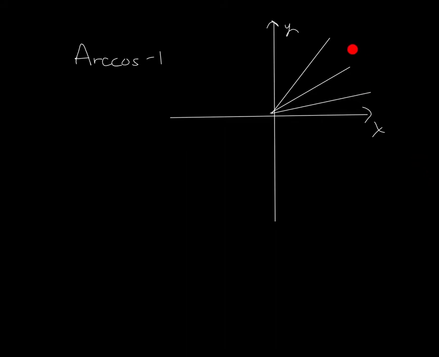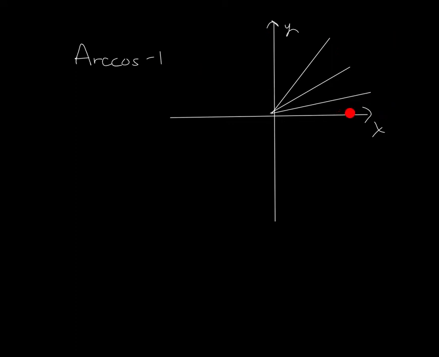None of these have a cosine of -1, right? This one was square root of 3 over 2, this one was square root of 2 over 2, this one was 1/2. So this is a quadrantal angle.